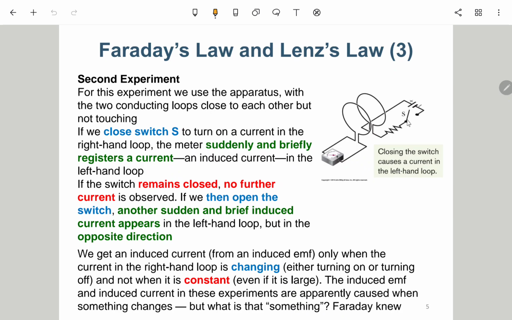Okay, so in such a way, if the switch is open, then there will be no current. But if the switch is closed, then there will be current. So which means that we can use this switch to control whether there is current going through this loop, to replace the magnet bar.